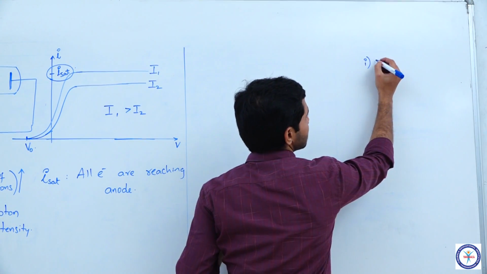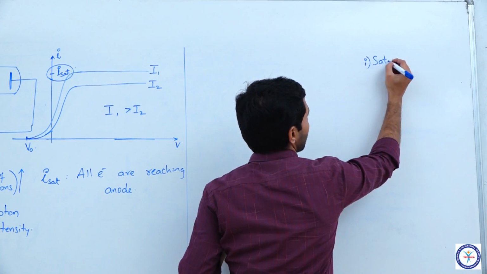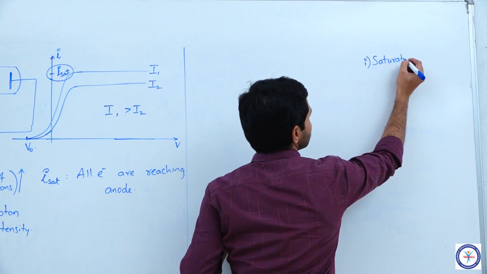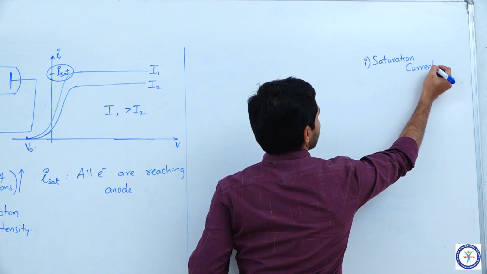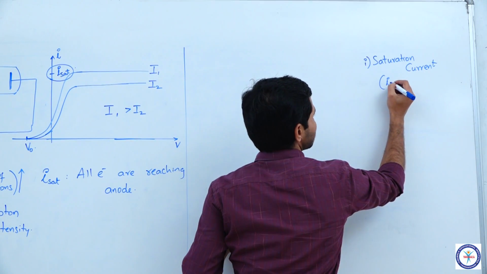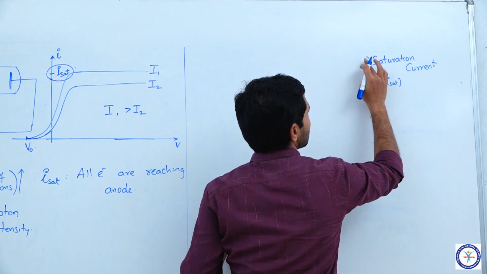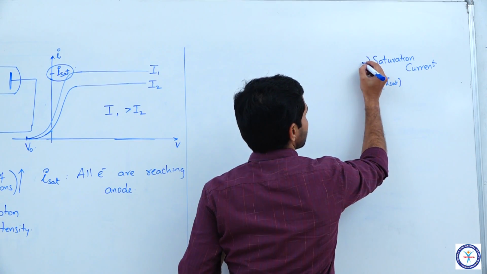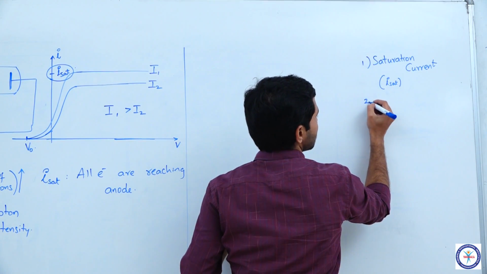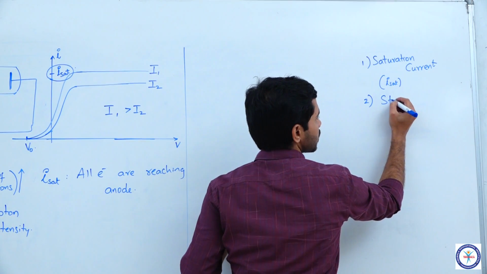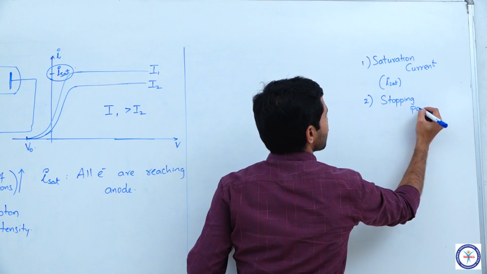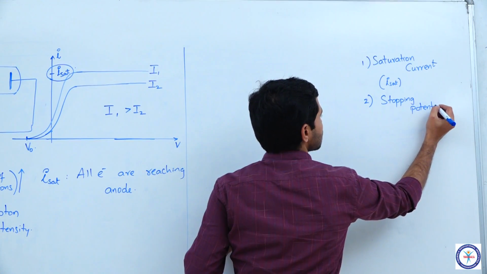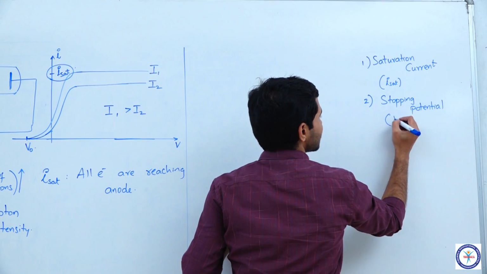One is saturation current, which is represented with I sat, and the second one is stopping potential, and it is represented with V naught.